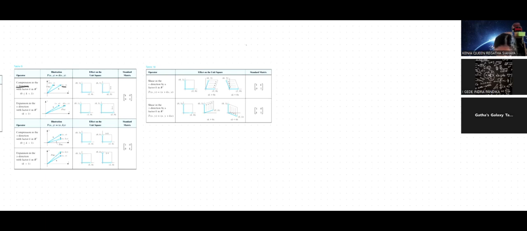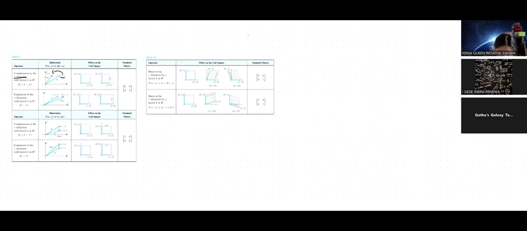In the y direction, we have T(x,y) equals (x, ky). So here we can see that it only multiplies one coordinate with the factor k.